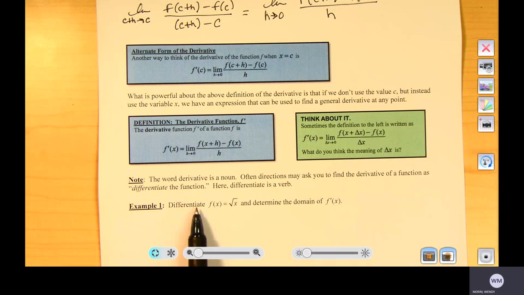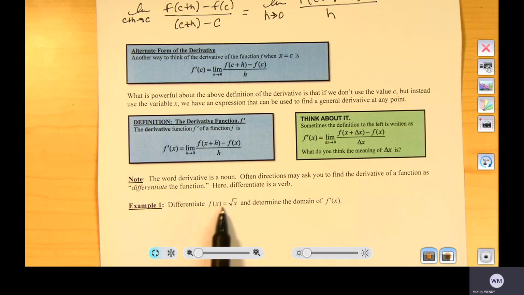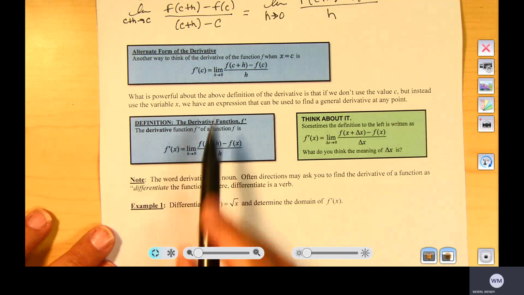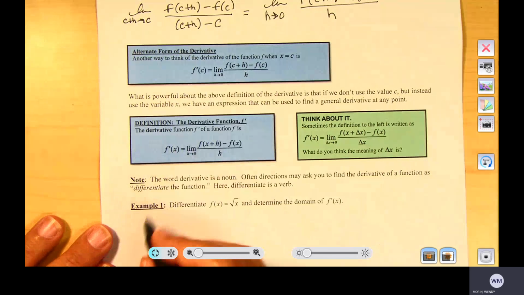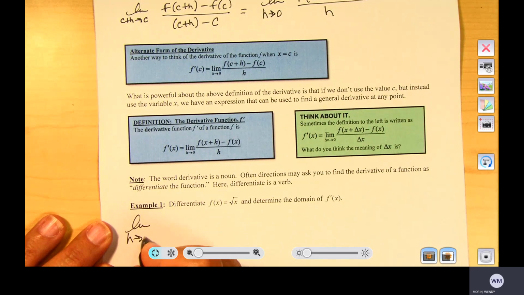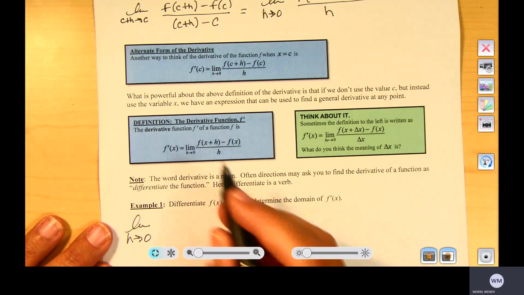It says we're going to differentiate this. If we differentiate this, that means find the derivative, which means find the slope of the tangent line at any x value, because they don't give us one. So we're going to use the alternate form, the limit as h approaches 0, because we don't know what x value they want.